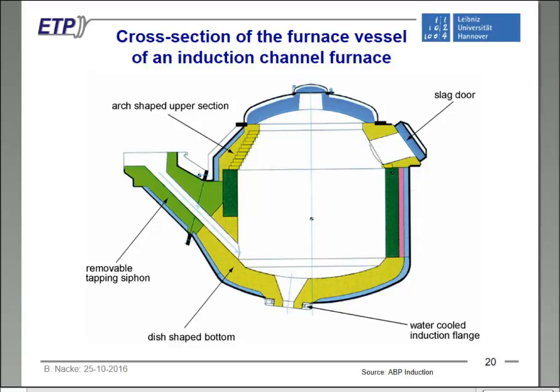We have good thermal insulation, of course. Since we don't have the compromise between electromagnetic coupling and thickness, we can increase the thickness of the lining, not as much as we want, but at least much more than in a crucible furnace.